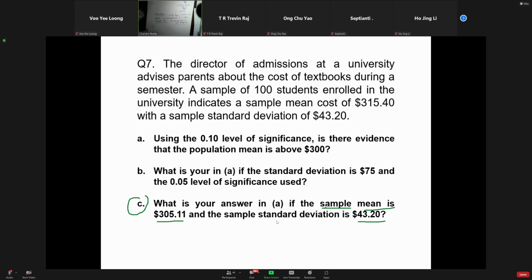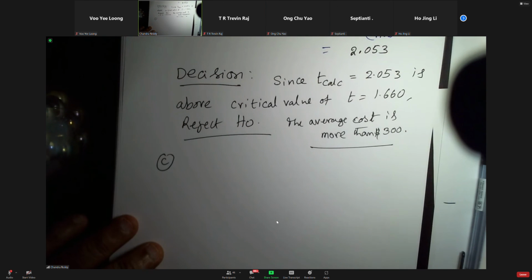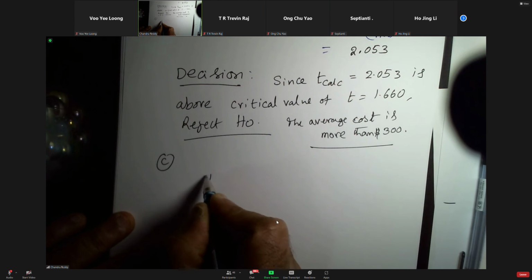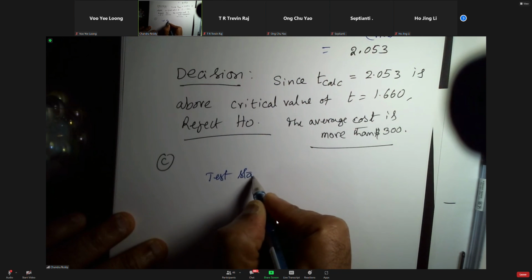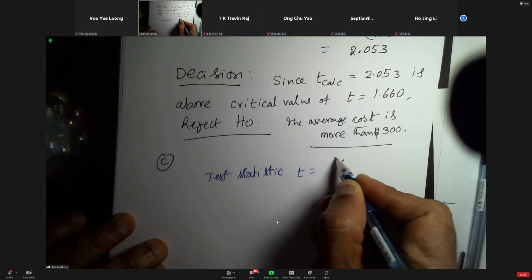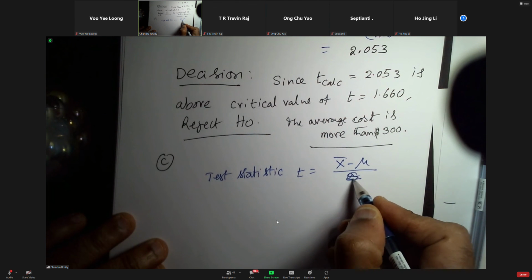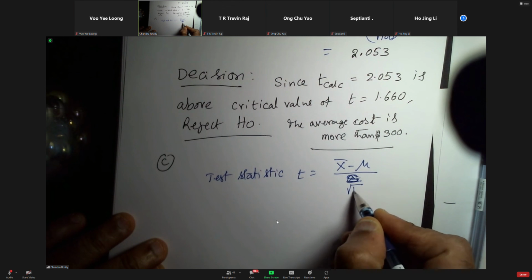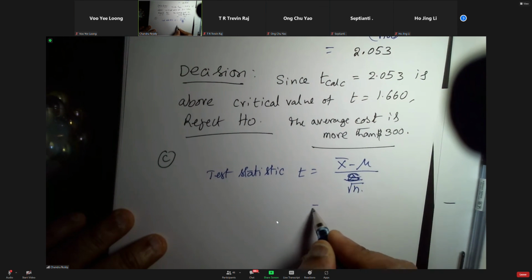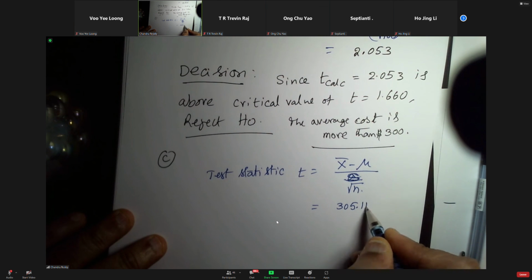All right, so for part C, how do we calculate the test statistic? The test statistic is x bar minus mu over the same formula, S, the sample standard deviation, over square root of n. The sample mean for this one is $305.11.